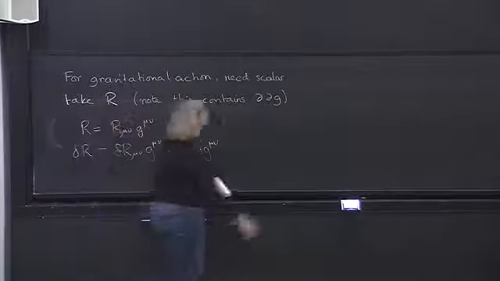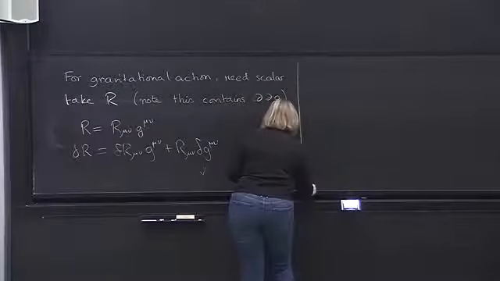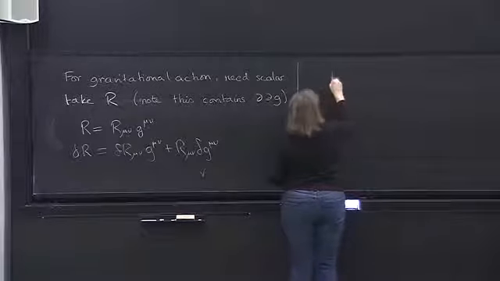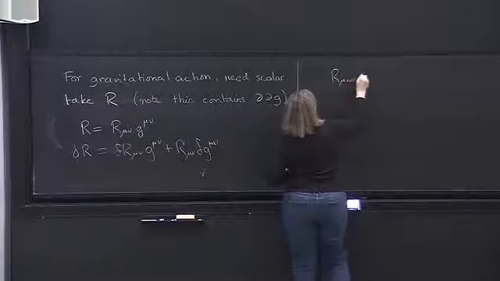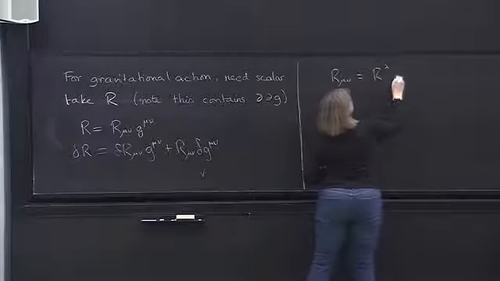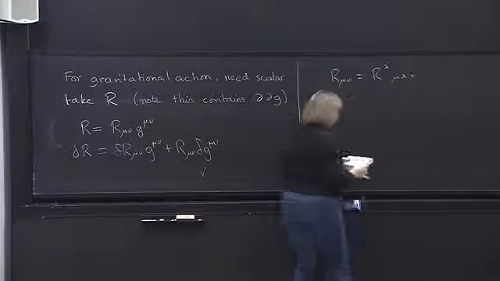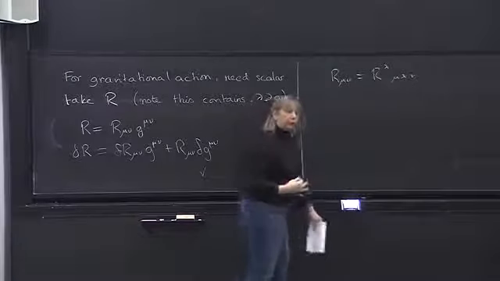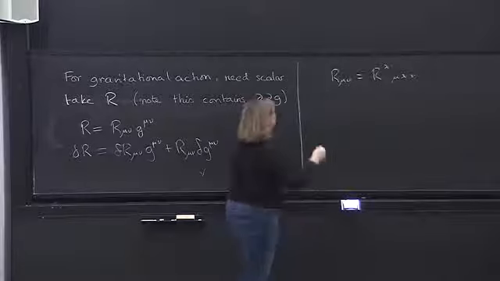But for the first piece, to calculate delta R mu nu, we know R mu nu is a trace of Riemann, and I'm going to compute this in normal coordinates.